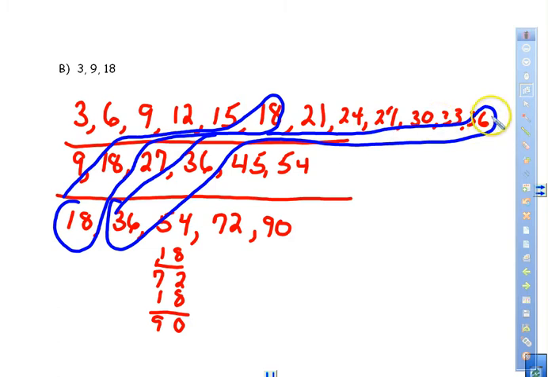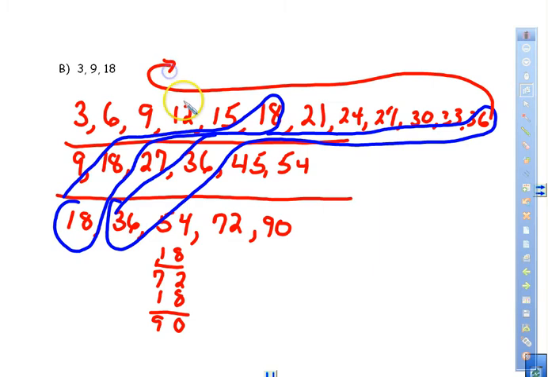I'm going to actually have to, because I'm running out of space, bring it back up here. So 39, because I'm adding 3. 42, 45, 48, and then 51, and then 54, and sure enough, it does.